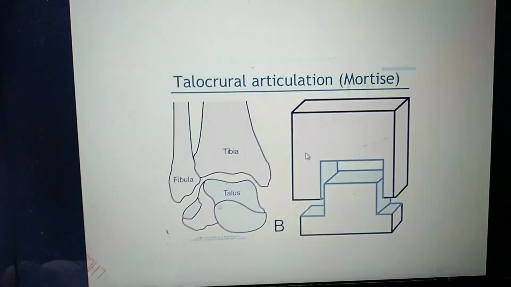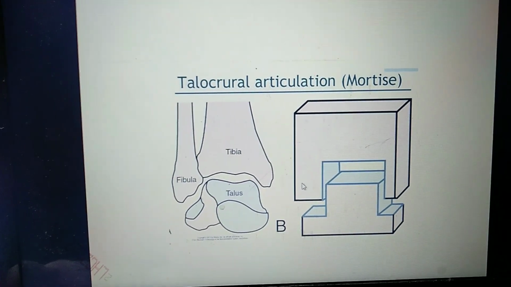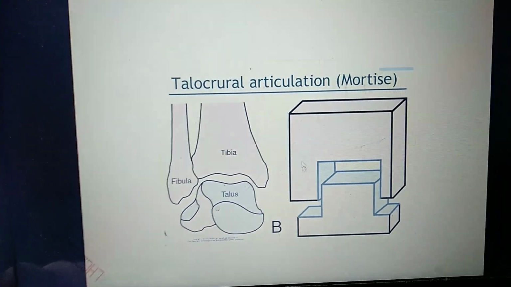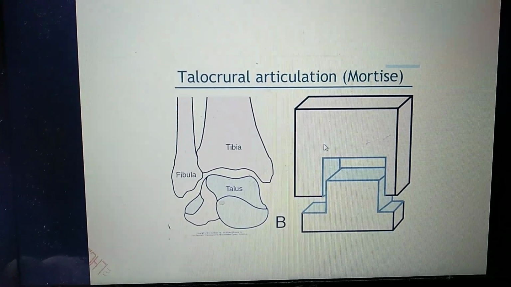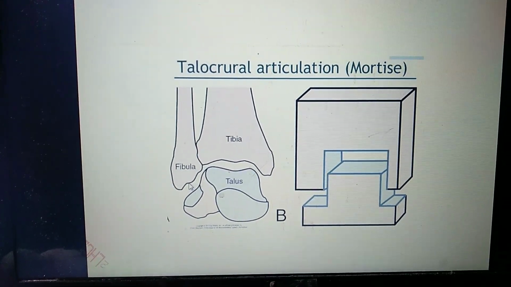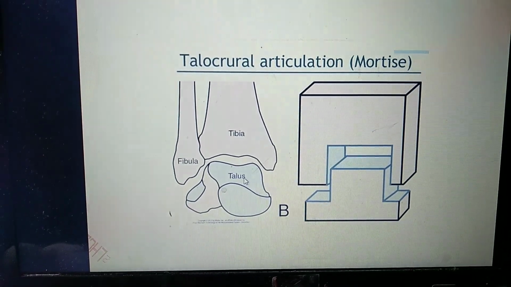Therefore the joint is also called the talocrural joint. Talo means the talus, crural means this mortise arrangement. So this is known as the tibiofibular mortise, which articulates with the talus.